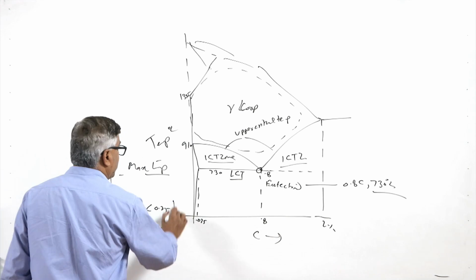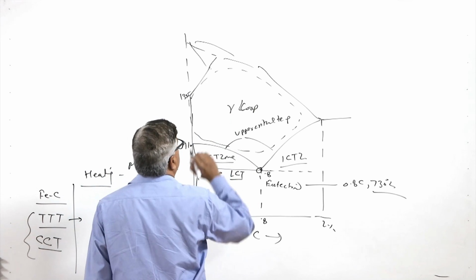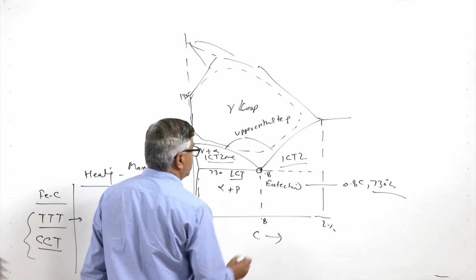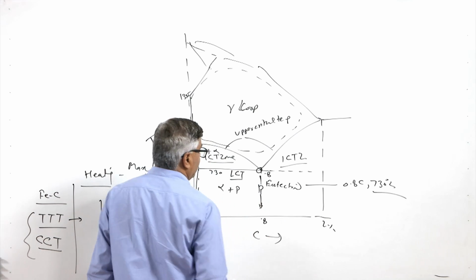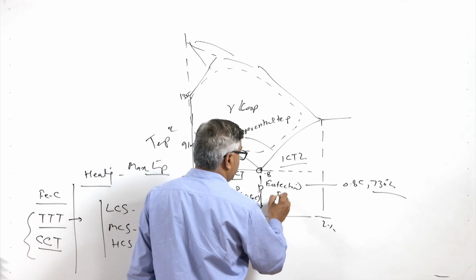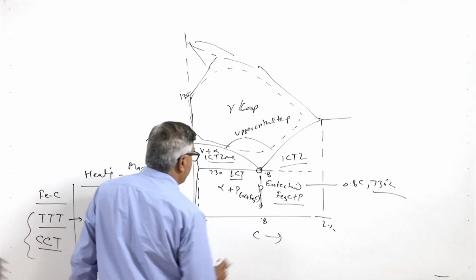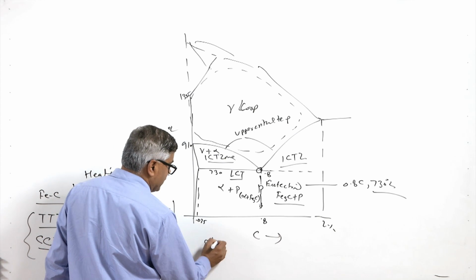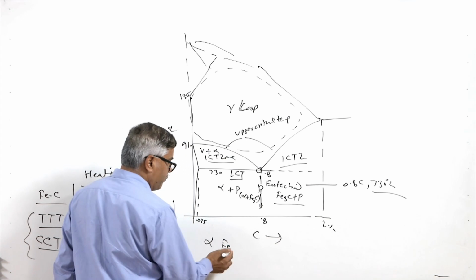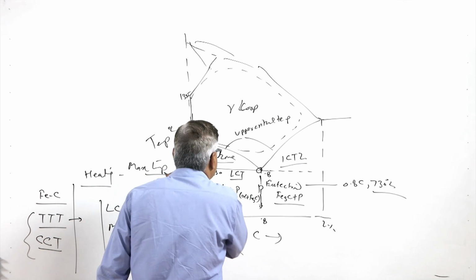If we see as per the carbon content, there are a few more details: this is the gamma loop, this is the gamma plus alpha region, this is the alpha plus pearlite region, this is the 100% pearlite region. Pearlite is basically the alpha plus Fe3C alternate layer mixture, and here we have the Fe3C plus pearlite region. So in a nutshell, this is the band below 730 degree centigrade, where we have ferrite and pearlite, maybe individually as a proeutectoid phase or a mixture of ferrite and cementite, which is basically pearlite.